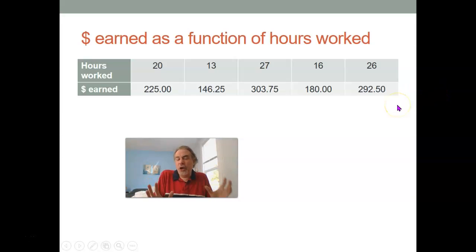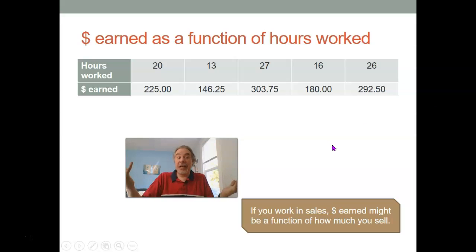Now, that's not the only way this could work. If you worked in sales, for example, then the amount of money you earn might be a function of how much you sell. But in this example, the amount of money you earn is a function of the number of hours you work. So maybe one week you worked 20 hours and you earned $225.